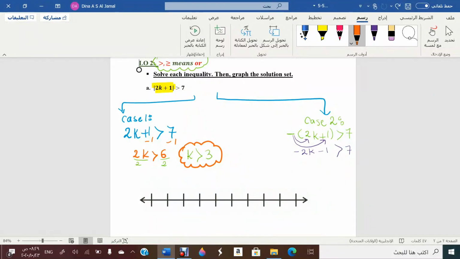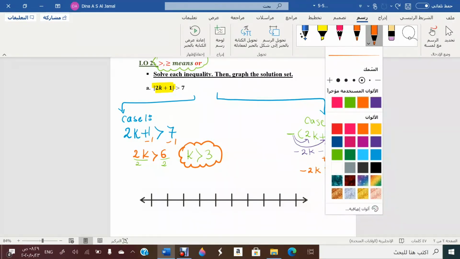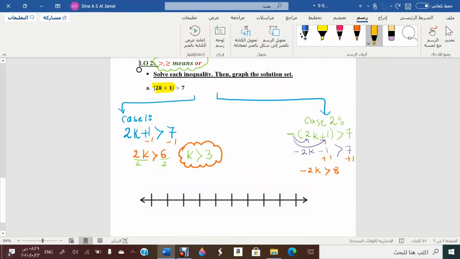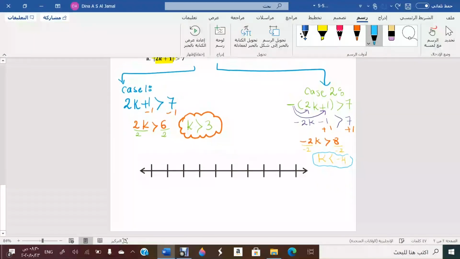Solve this multi-step inequality. Plus 1 plus 1, minus 2k bigger than 8. Now pay attention, you will be dividing by a negative. So think about it, what you need to do. Excellent, you need to flip the sign. Put it in a circle.